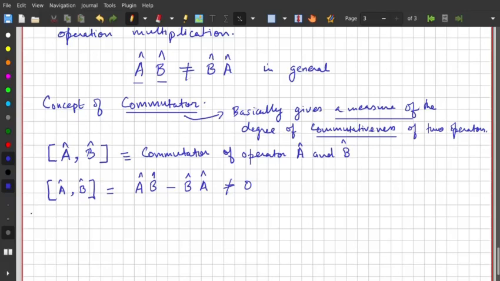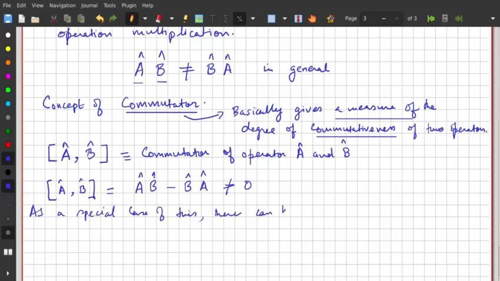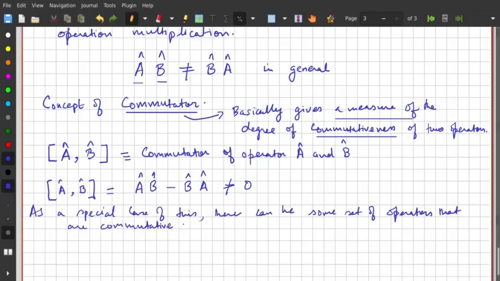As a special case of this, there can be some set of operators that are commutative over multiplication.